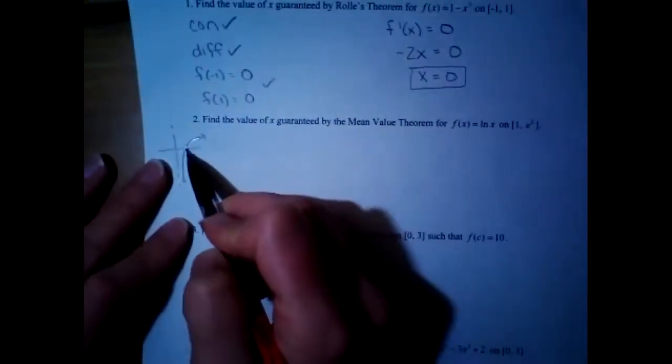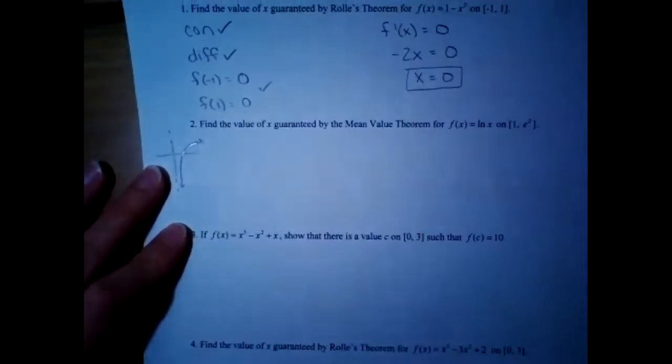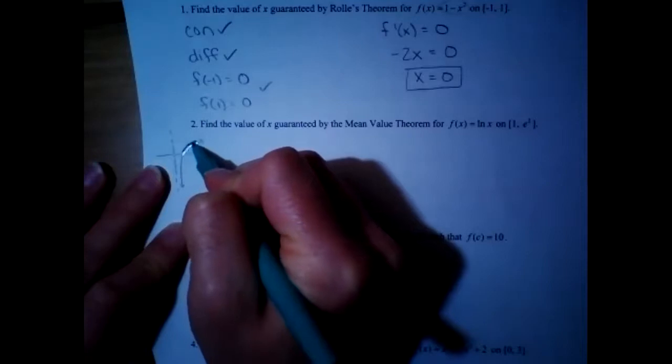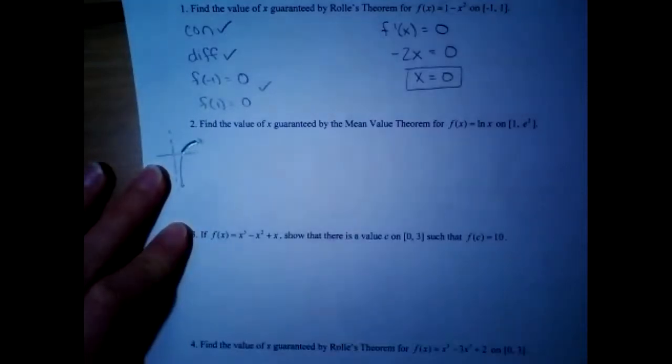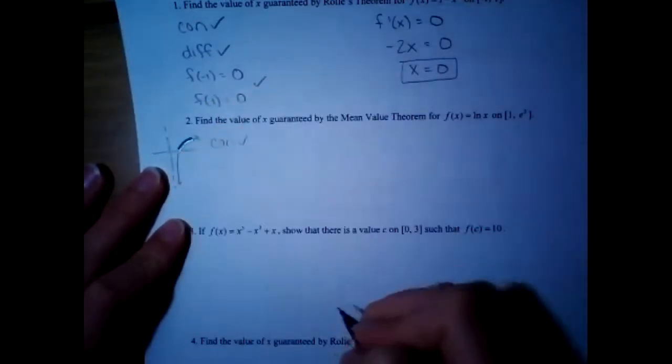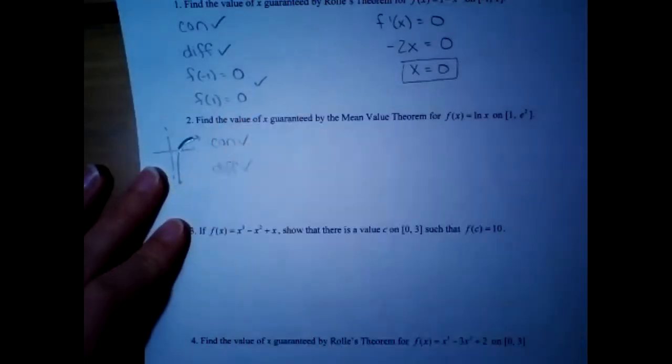So just from there to there. Let me color code that. So just this portion is what we're looking at. So yes, there's an asymptote, but it's not on this interval. So for this portion, the function is continuous and also differentiable. So both of the conditions are met for that interval.